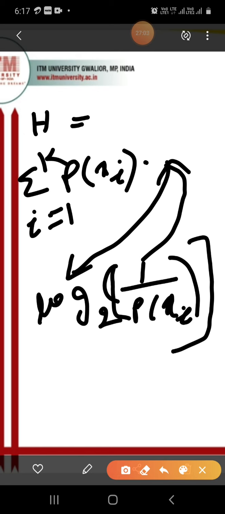This is for average information per message.